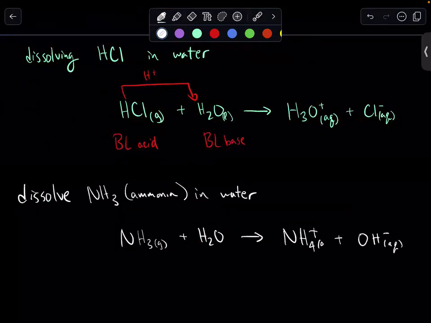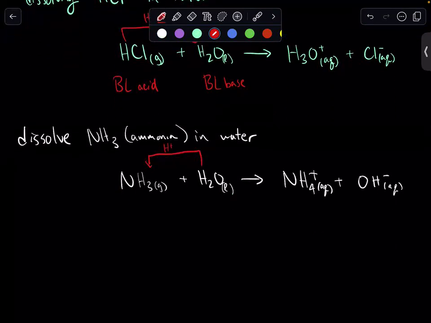Both of these will be aqueous. In this scenario, water is the one donating the hydrogen ion or donating the proton, and water is our Bronsted-Lowry acid, and ammonia is our Bronsted-Lowry base.